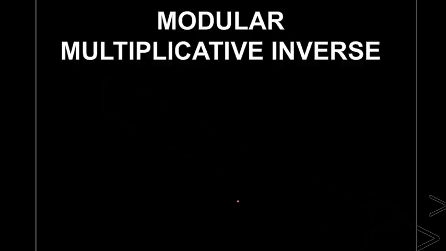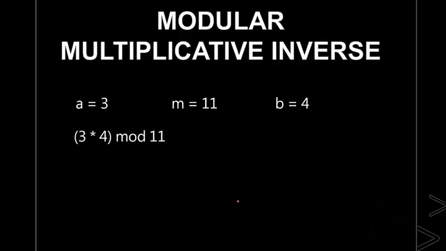So take a look at an example here. Let me say the A value is 3, the M value is 11 and the B value is 4. So when I have all these three values, I can write A into B modulus M. Remember the previous equation. What is the A value here? 3.